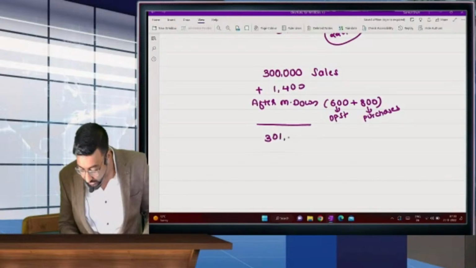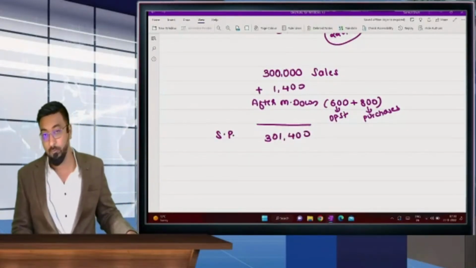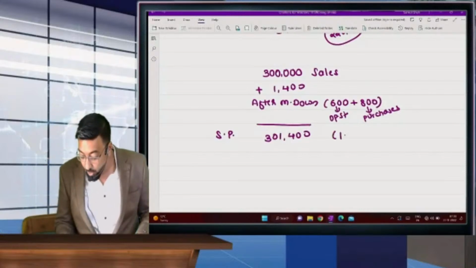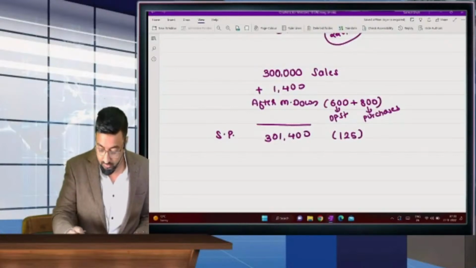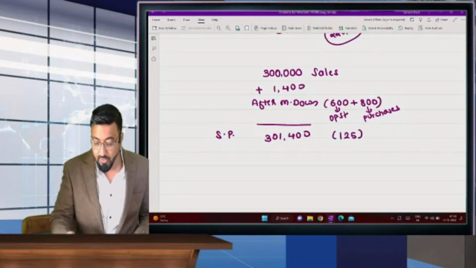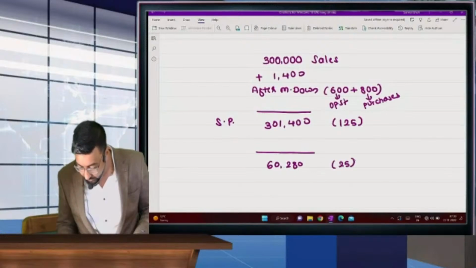Sorry, 3,01,400 is my selling price if there is no markdown. It indicates 125 rupees, because for 100 rupees of goods I am selling at 125. So 3,01,400 into 25 divided by 125, my profit will be 60,280.